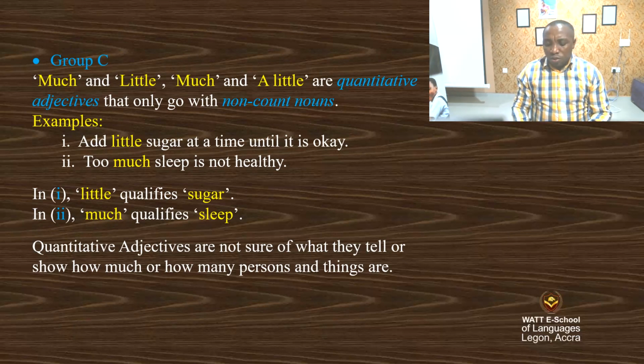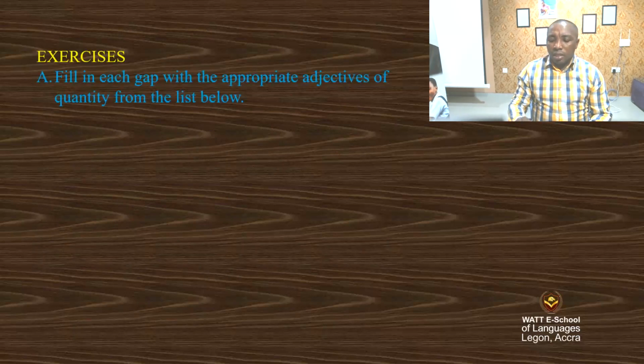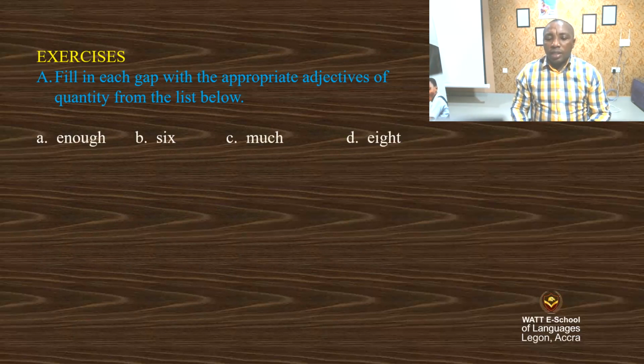Now, let's have a look at this activity here. Exercise. Now we are reading the instruction. We say fill in each gap with the appropriate adjectives of quantity from the list below.